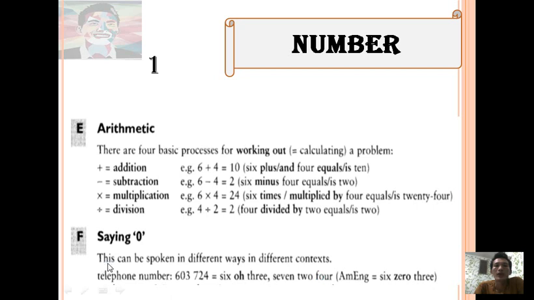Repeat again. When you are saying a telephone number, 603 724 is for British, but for American English, you are able to mention 603 724. Okay.